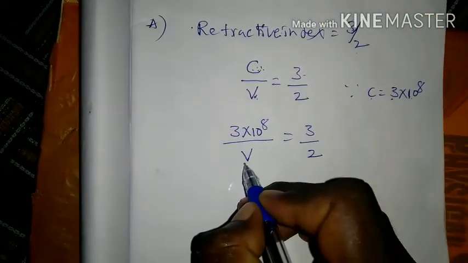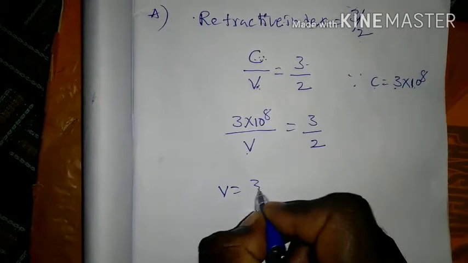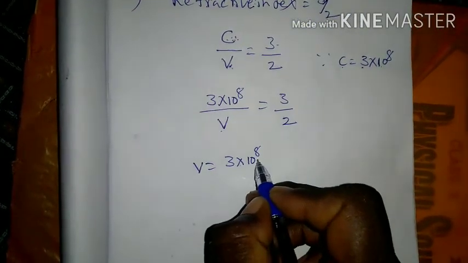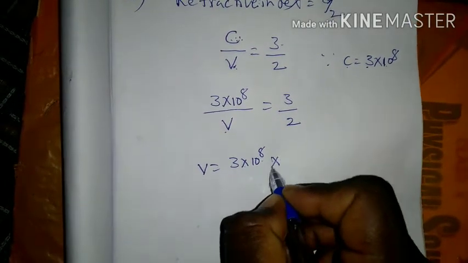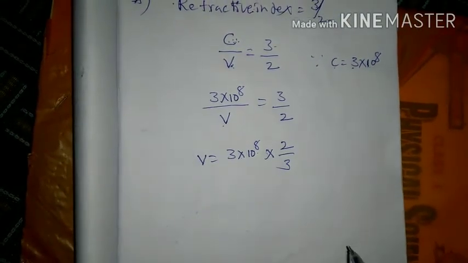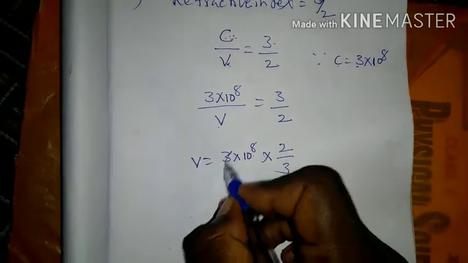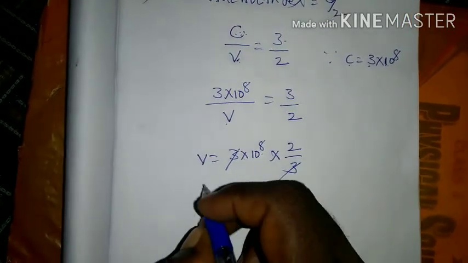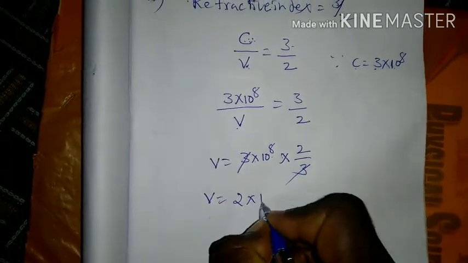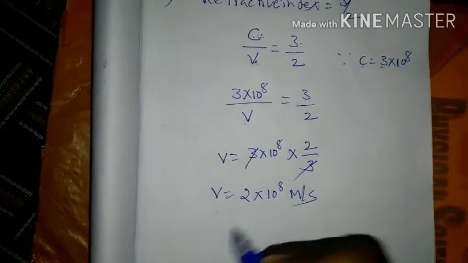Next, subject of V: V is equal to 3 into 10 power 8 into 2 by 3, the reciprocal. The 3 cancels. V is equal to 2 into 10 power 8 meters per second.